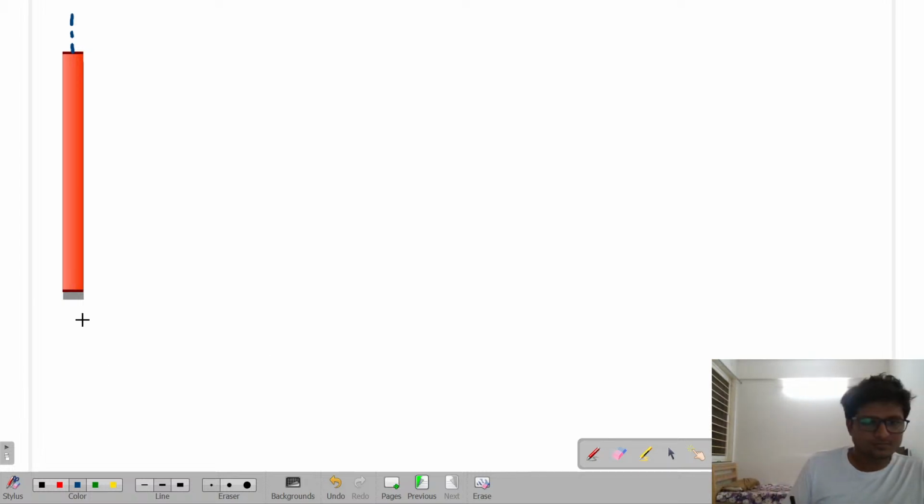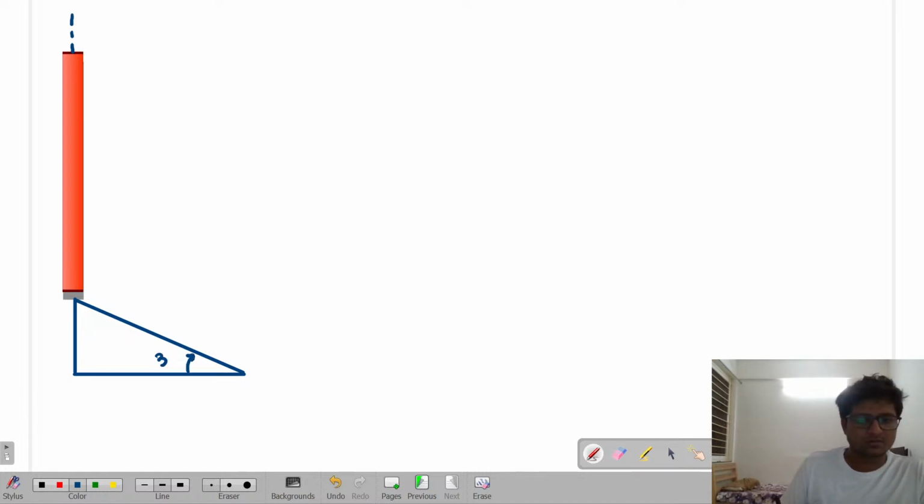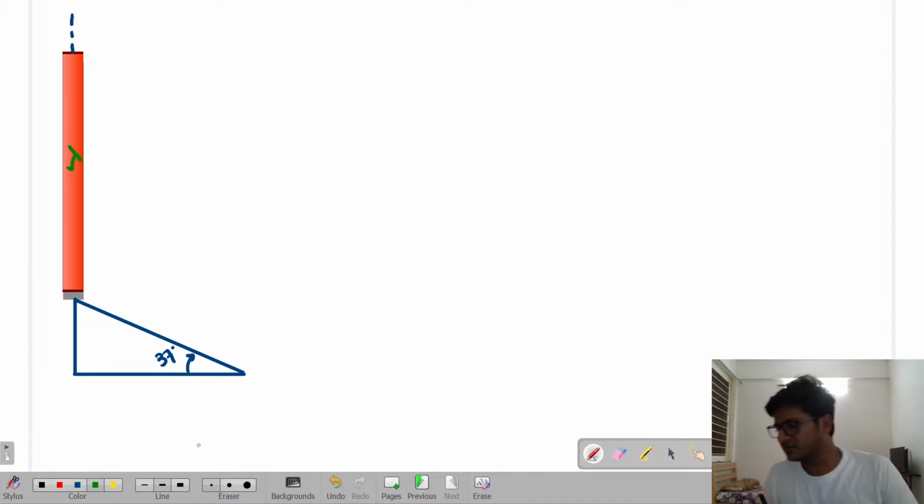And I want to find the electric field at a point in which one of the ends makes 37 degrees over here, and it has the charge density lambda.